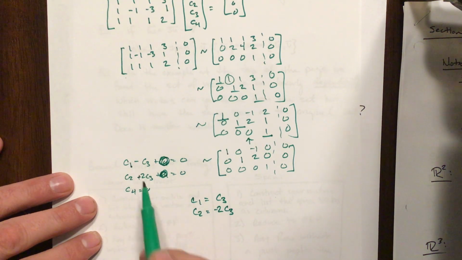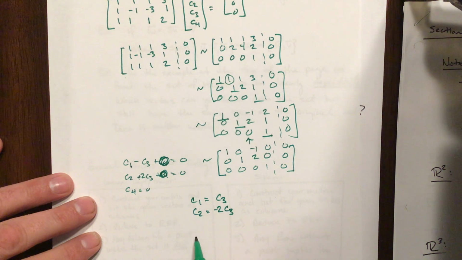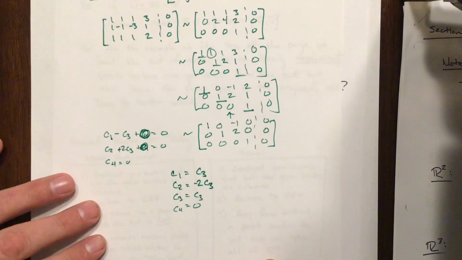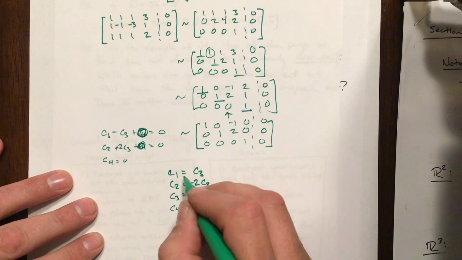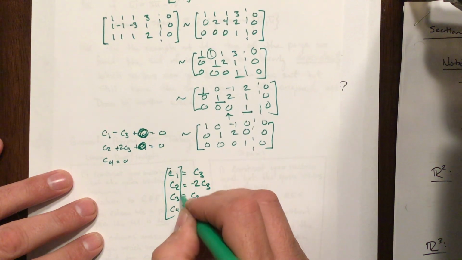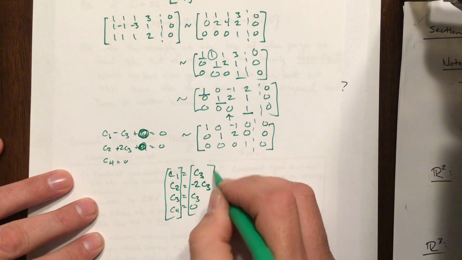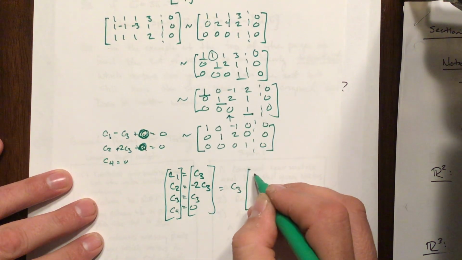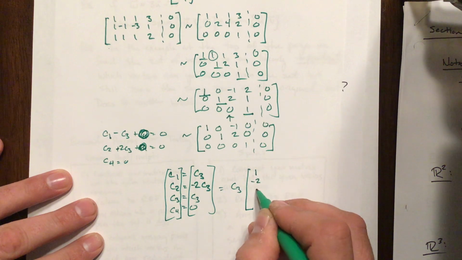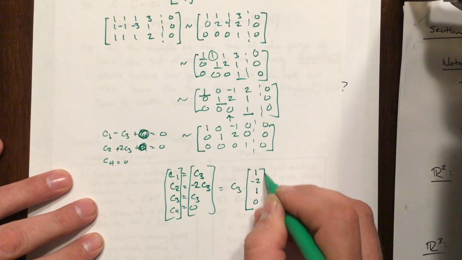I have C4 is equal to 0, and C3 is basically equal to itself. So this vector right here, the solution vector, can be written as scalars of the vector (1, -2, 1, 0).